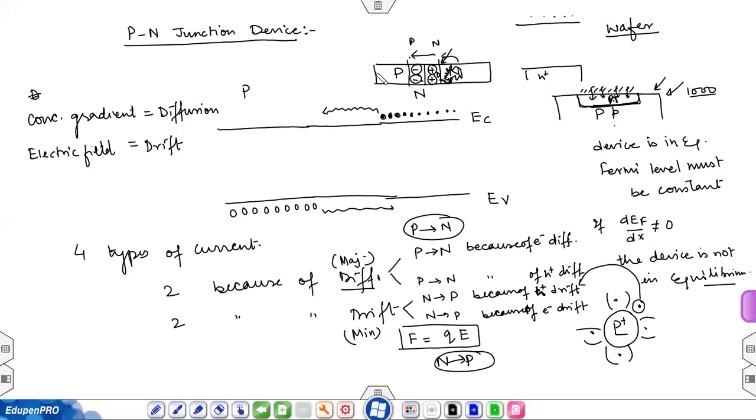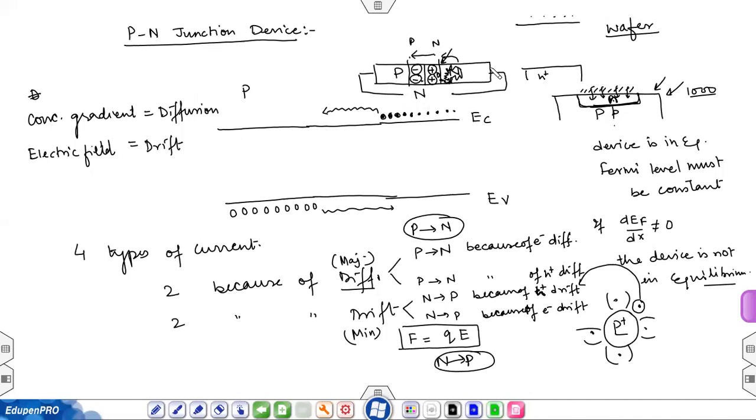So if we have not applied any external voltage to this semiconductor device, let's say at zero bias, there is a diffusion of majority charge carriers, making a diffusion current which is from P to N, also making an electric field.